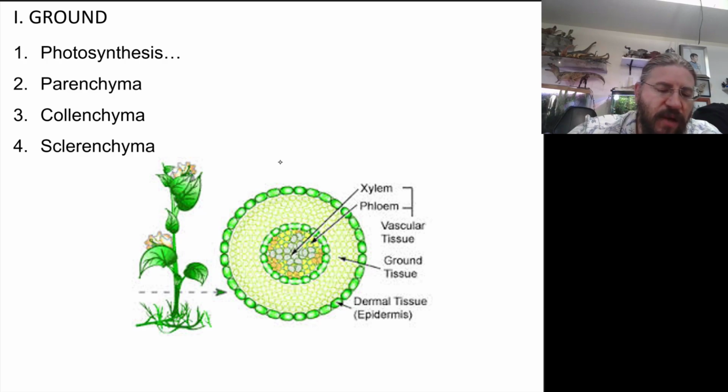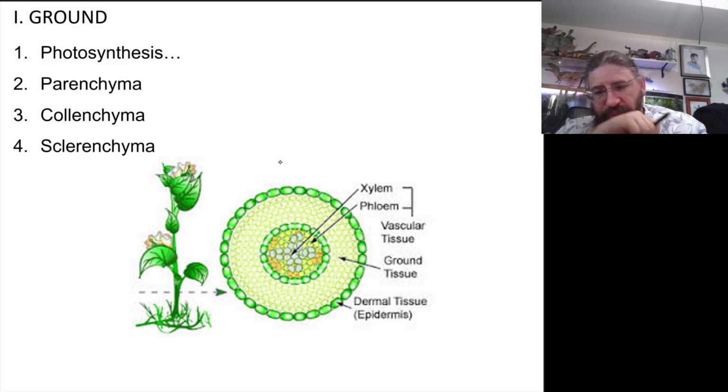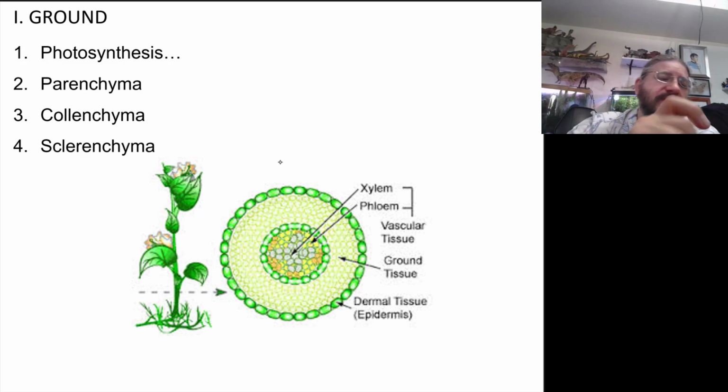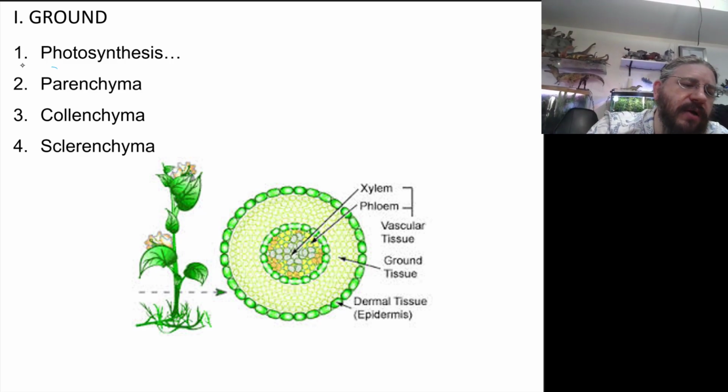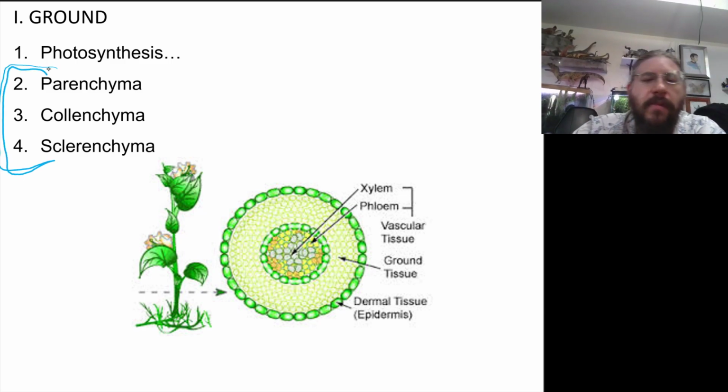Okay, so that was the dermal tissue. Now, let's talk about the tissue inside. The ground tissue. We have three different types of ground tissue. A hallmark of the ground tissue is that it participates in photosynthesis.